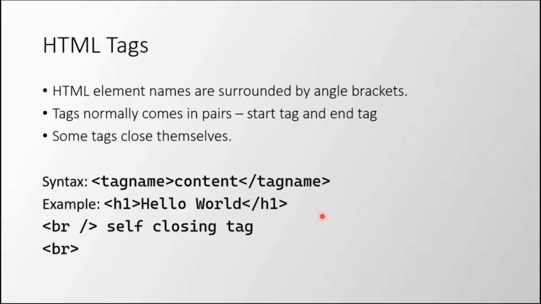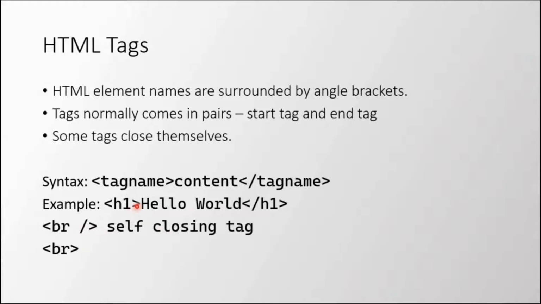And you will also find some tags which close themselves. They are called self closing tags. Here you can see this is a line break tag. BR stands for line break tag, which just closes itself. Here the forward slash comes just before the closing bracket. The line break tag does not have content.